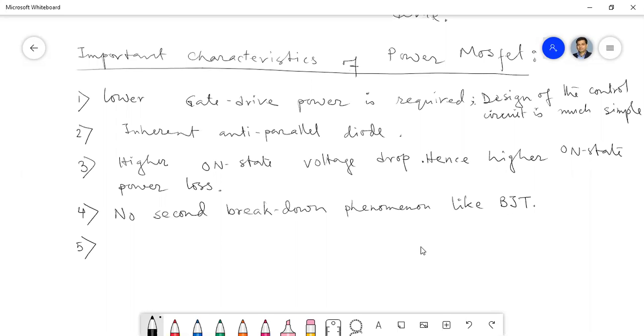Another very important characteristic of the power MOSFET is that it is very easy for paralleling operation.